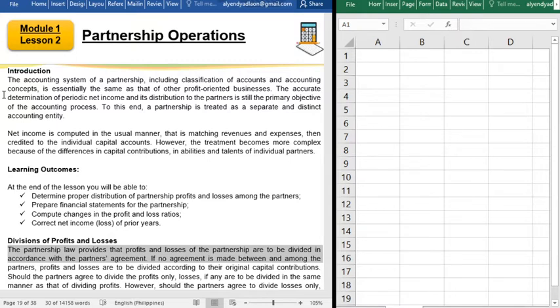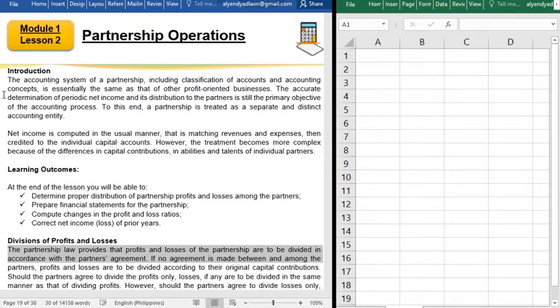Neither does the law say that profits or losses must be divided according to their capital contribution ratio. What prevails among all others is the partners' agreement. Whatever is the agreement of the partners, so long as it is not against the law, is the one to be followed in the distribution of profits and losses.